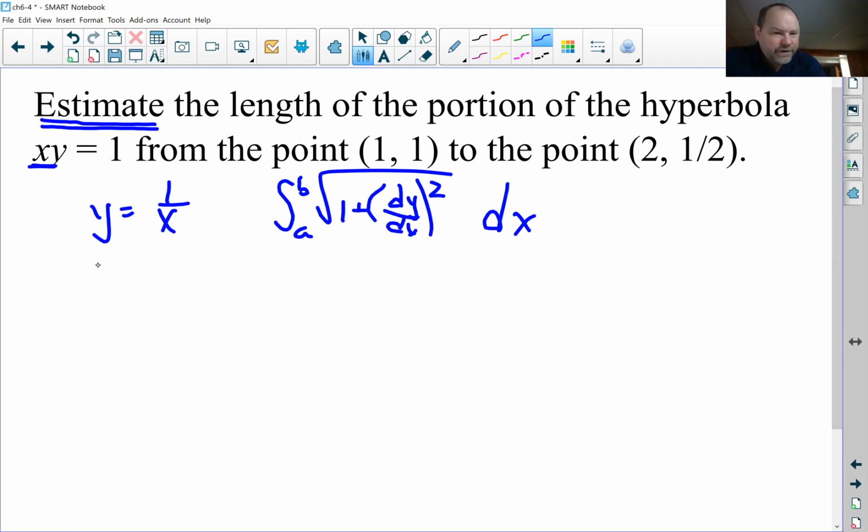So I do need to find my derivative. If I think of 1 over x as x to the negative first, its derivative, I take the negative, bring it down, take x to 1 less power.